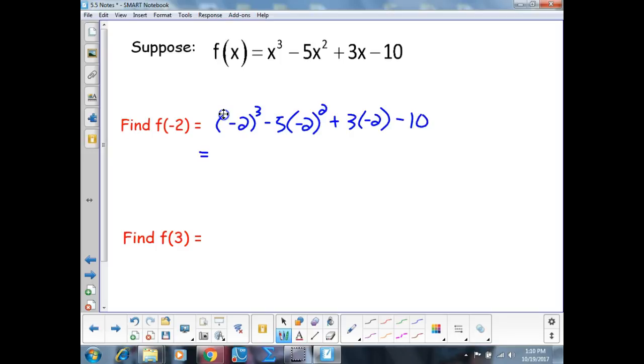So that would be negative 8. Negative 2 squared is 4 times negative 5 would be minus 20. Minus 6. Minus 10. Negative 44.